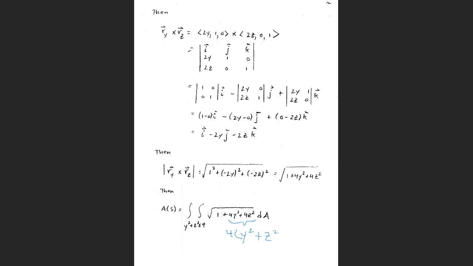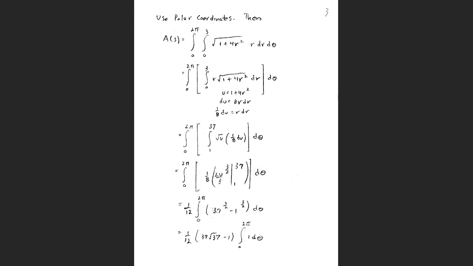And so using polar coordinates, I'll replace that y squared plus z squared with r squared. And so I'm going to get in the integral the square root of 1 plus 4r squared.